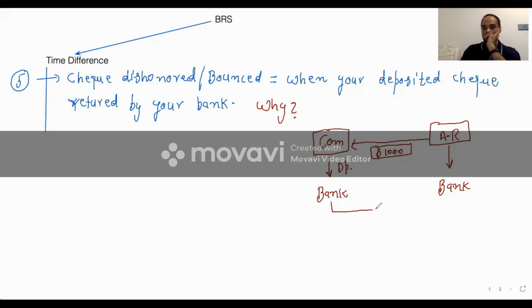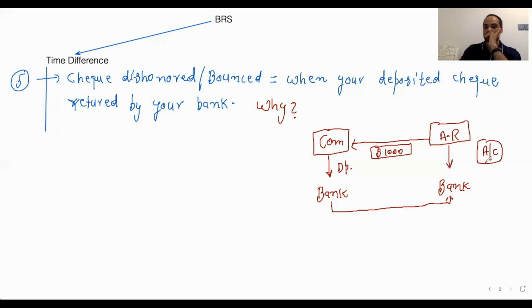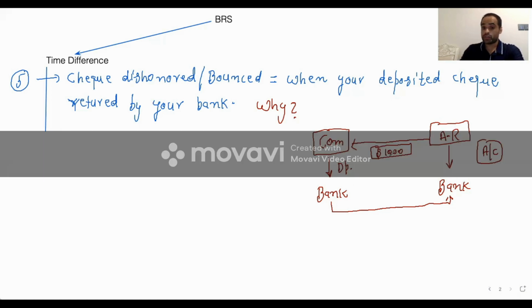Now your bank will contact your account receivable's bank, asking it to transfer $1,000 into your bank account.